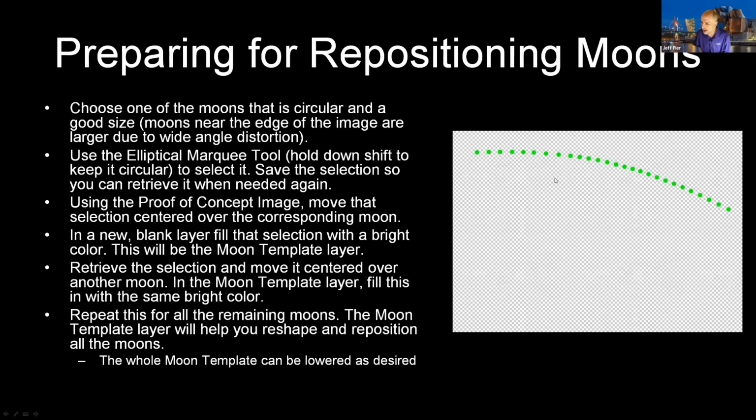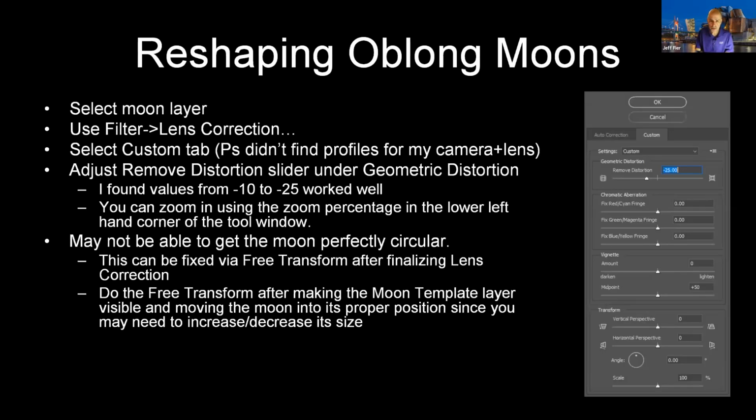And so I could take this template layer and just move the whole set of moons all down at once to put them in a proper location. And so that's what I ended up doing to get moons that would create a better composition for my image.